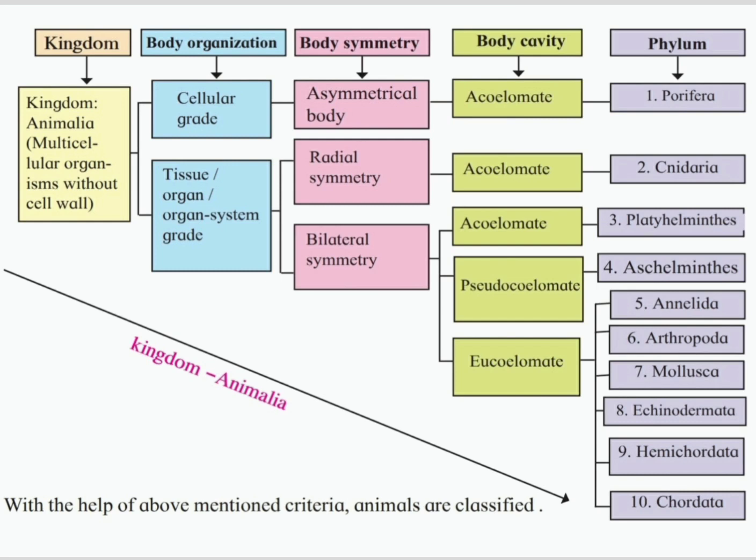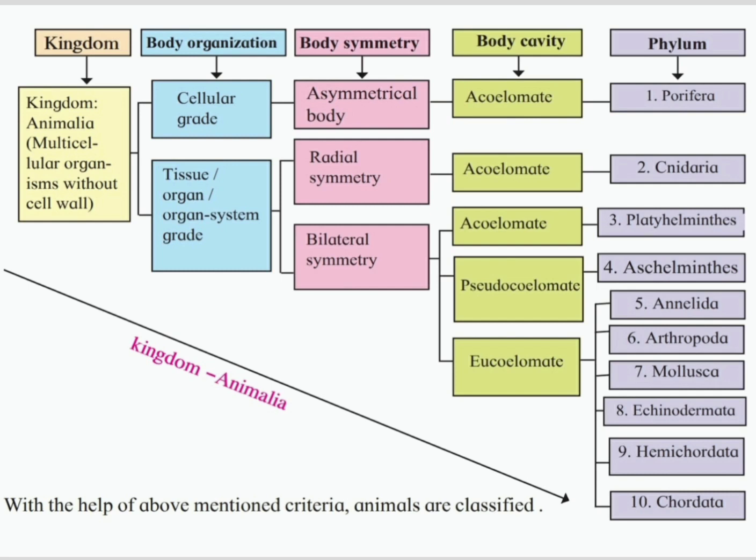You start from the extreme right hand side and then you move towards the left hand side. If you look at Cnidaria, the second one, they are acoelomate, that is, they do not have a body cavity. They show radial symmetry and they have tissue or organ system grade. The third one, Platyhelminthes, they are acoelomate.